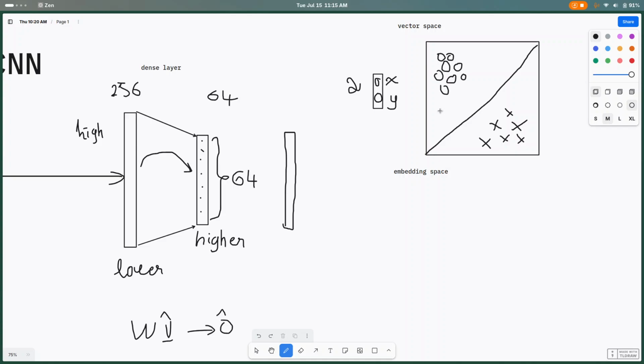It's just trying its best to satisfy the loss function, right?